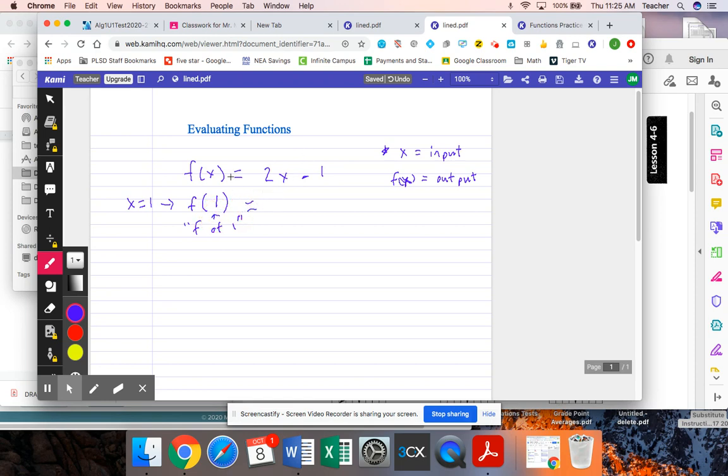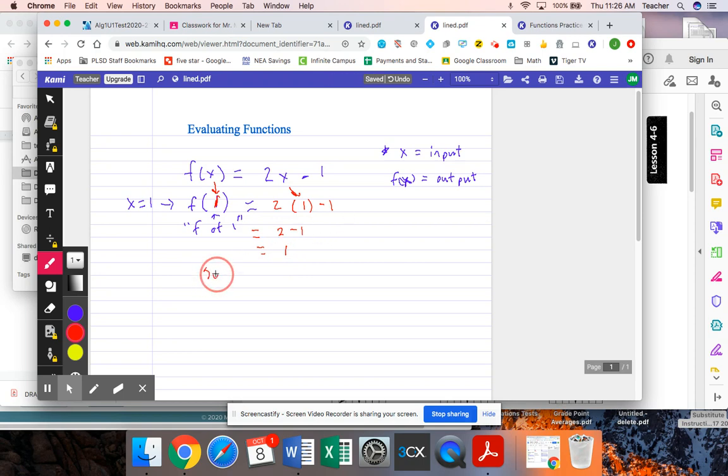Well, all that really means is instead of the x, let's just plug in a 1. So there's a 1, f of 1. Instead of x, let's plug in a 1. So I have a 2, a 1, and a minus 1. All I did was plug in 1 for x because x was equal to 1. All right, so I just used the order of operations to simplify this. 2 times 1 is 2, minus 1 is 1.